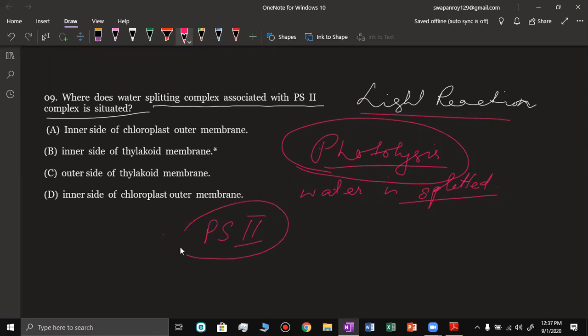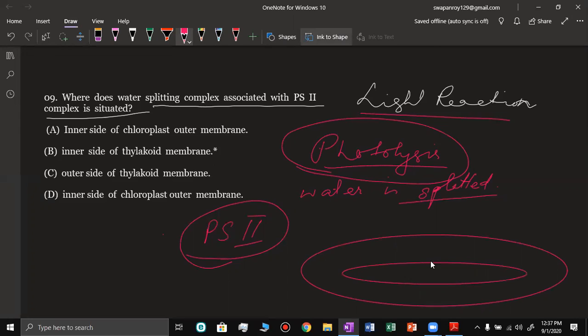So it is the PS2 system, and this PS2 is located in the inner membrane of the thylakoid. Okay, granothylakoid. This is the granothylakoid.